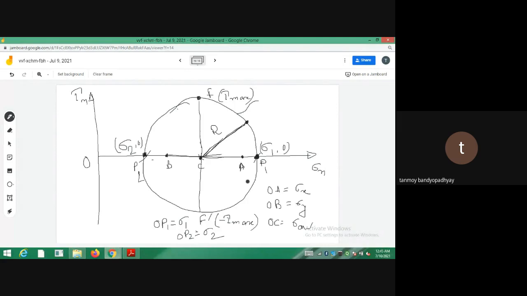So why are P1 and P2 the principal stress? Because you can see that they lie on the sigma n axis. So P1 and P2 have shear stress 0. So at P1 and P2 shear stress is 0, so P1 and P2 actually represent the principal plane. So at P1 and P2, tau is actually 0 and sigma is actually max. Max or min?